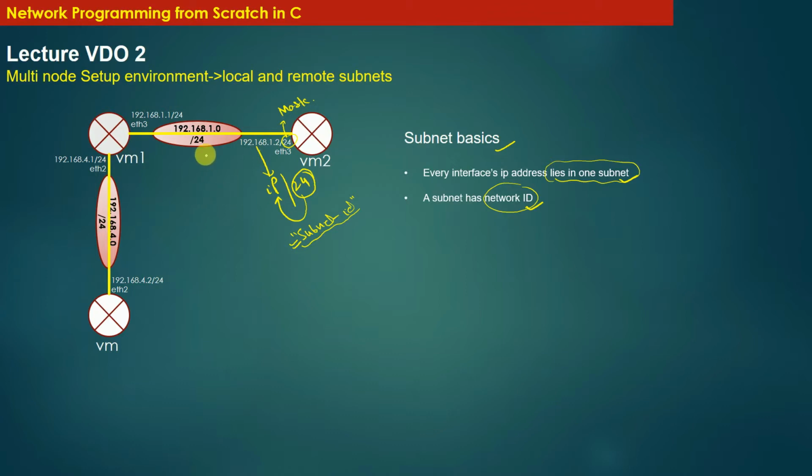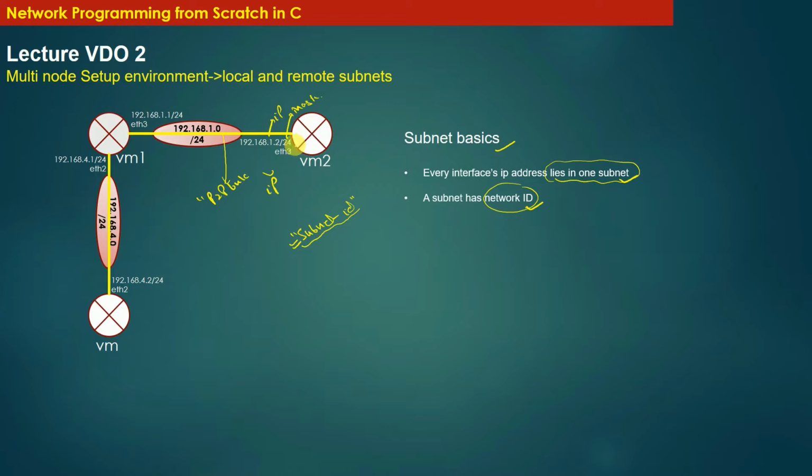Because a point-to-point link always forms one subnet. You can see this is a point-to-point link, and a point-to-point link is always in the same subnet. On a point-to-point link, on either end you have an IP address and a mask configured.